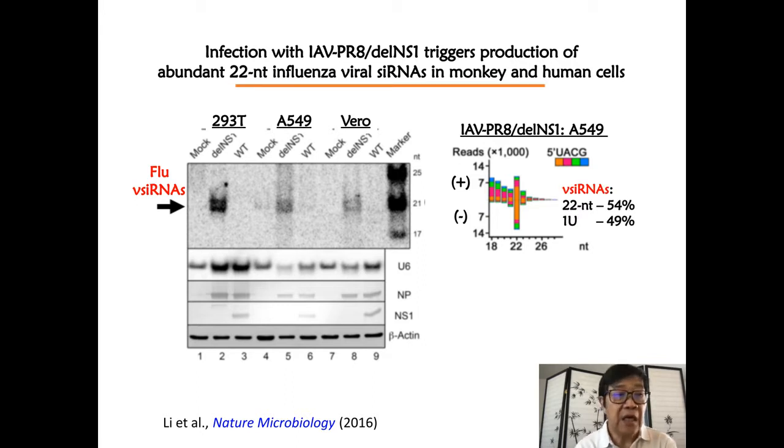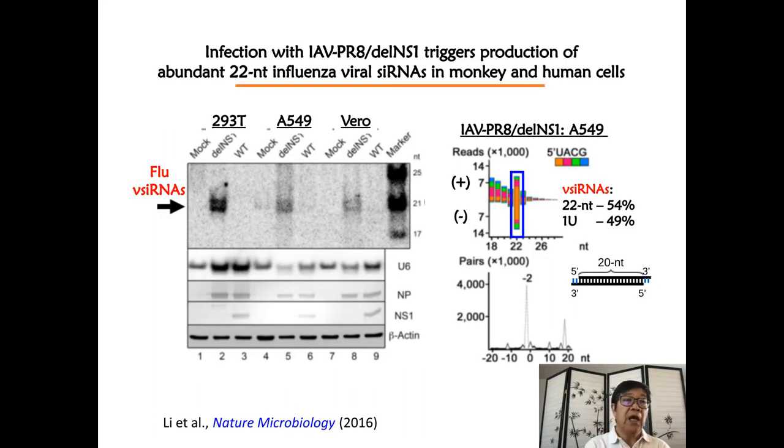And these influenza viral siRNAs are mostly, as you can see, 22 nucleotides long and contain mainly 1U species. So 1U refers to those small RNAs that have U as the 5' terminal nucleotide, and that is a known property of endogenous microRNAs.